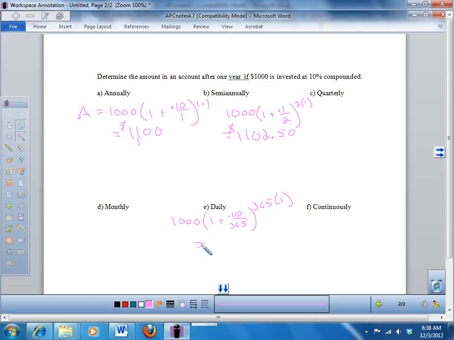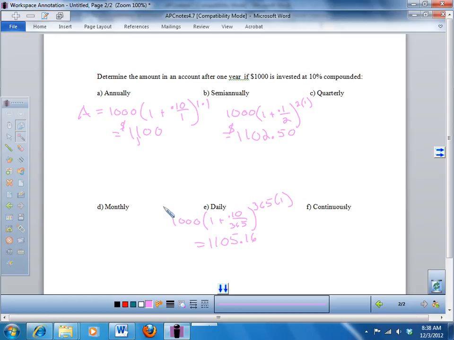And if you do that on your calculator, you're getting compounded 365 times a year, but you're only getting a 365th of 10% per year, you see? And so if you do that, you get $1,105.16. So not that much more, you know?